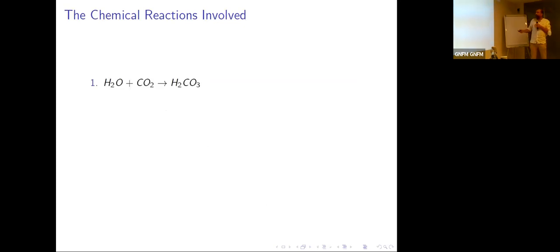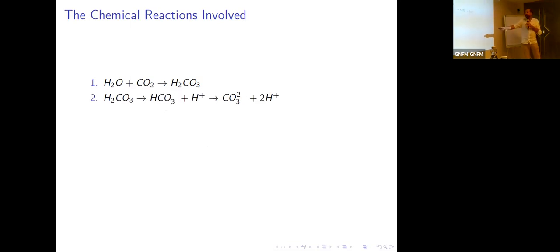First of all, a molecule of water reacts with a molecule of carbon dioxide to produce carbonic acid. This is the first reaction.